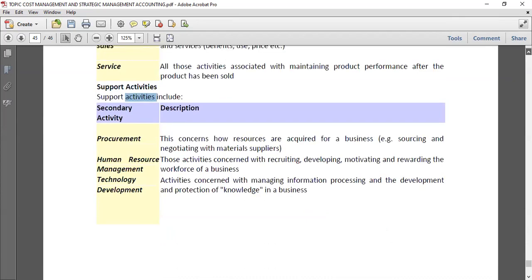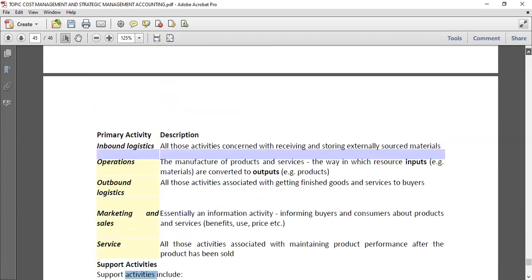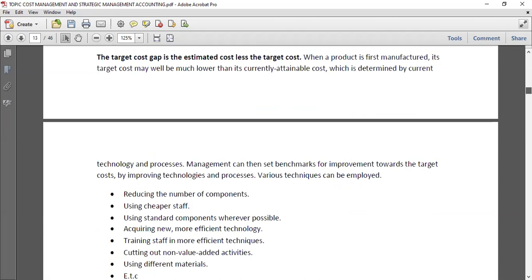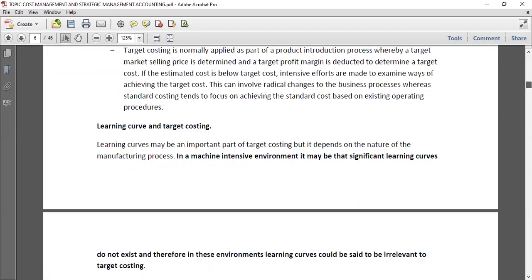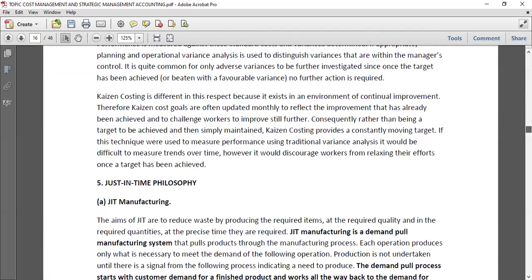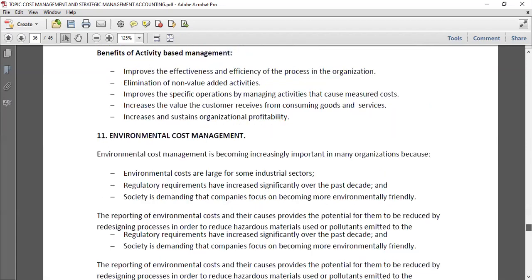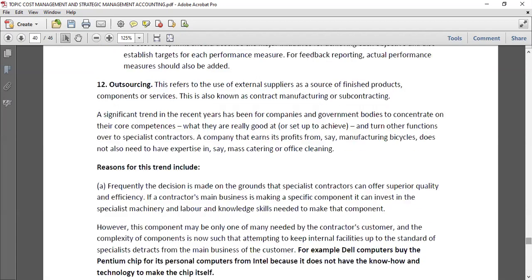I believe you have these notes, so you can try to go through them. I know there are many pages, but make sure that as you go through this, you benchmark with the syllabus. What is on the syllabus that we didn't talk about here was the balanced scorecard, but I remember we did the balanced scorecard when we were looking at performance measurement.